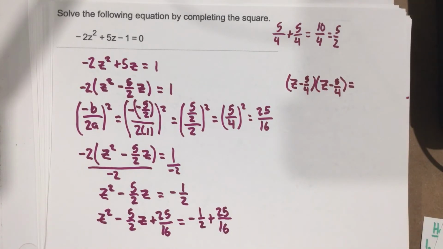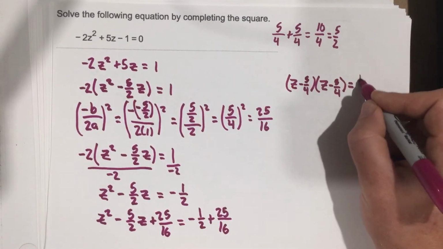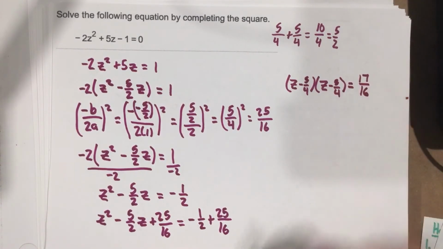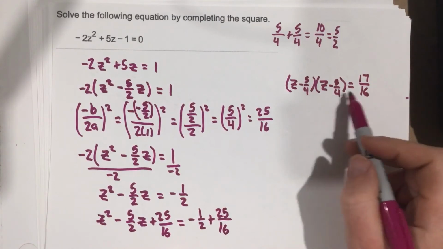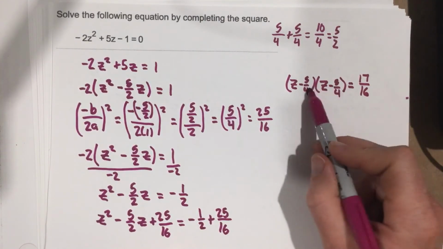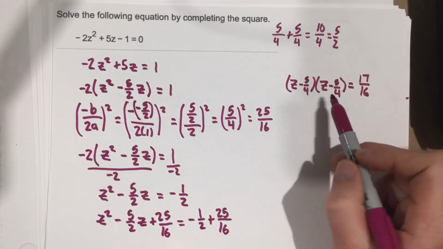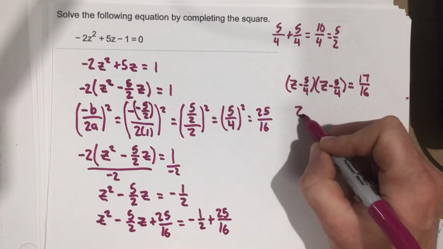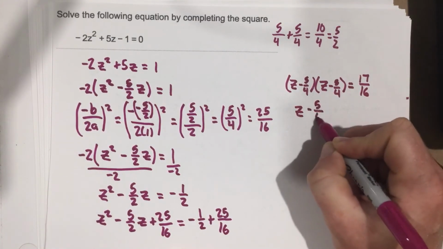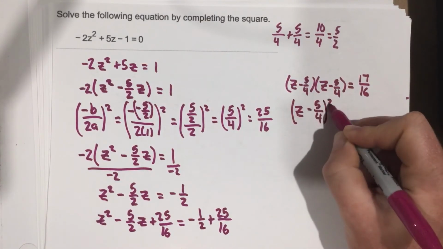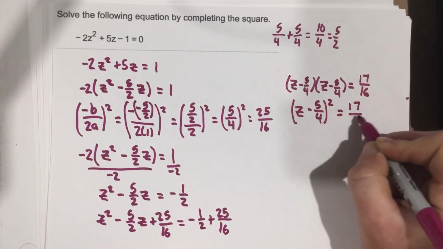If we take negative 0.5 plus 25 over 16, you can use your calculator to do this. If you get it in fraction form, it gives you 17 over 16. So that looks a lot simpler now. This can be combined together, the same term, multiplying two of the same factors. So that's z minus 5 over 4 squared equals 17 over 16.